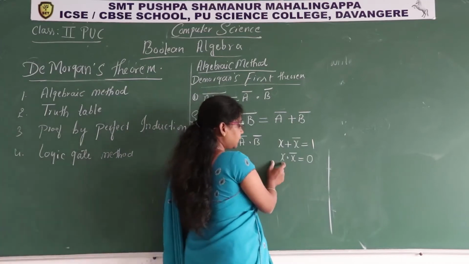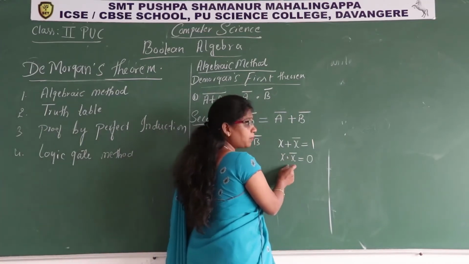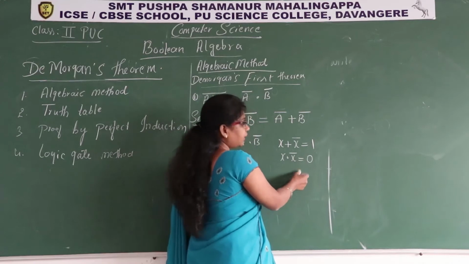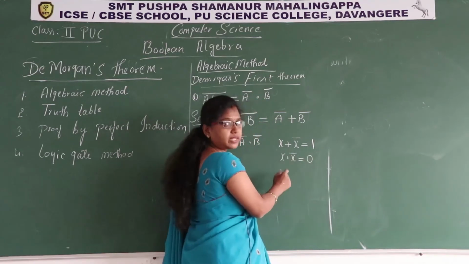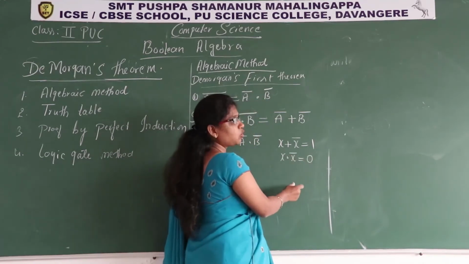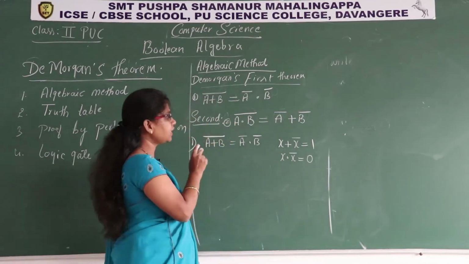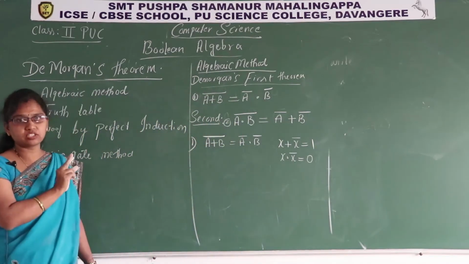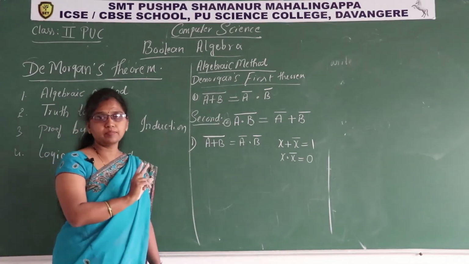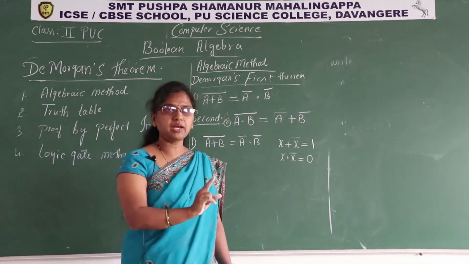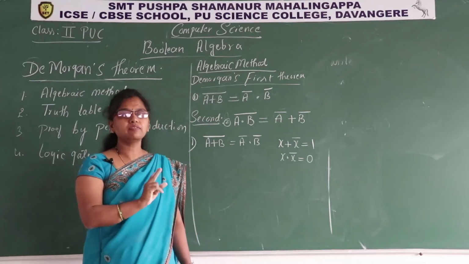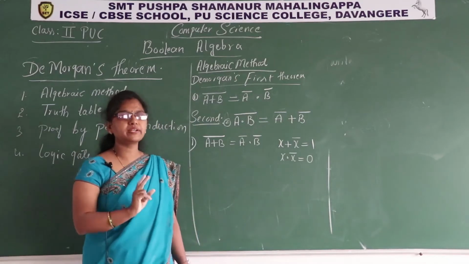When a term is logically multiplied with its complement and gives 0, then only we can say these two terms are complement of each other. When you add these two terms, it has to give 1, and when you multiply, it has to give 0. Then we can say those two terms are complement of each other.